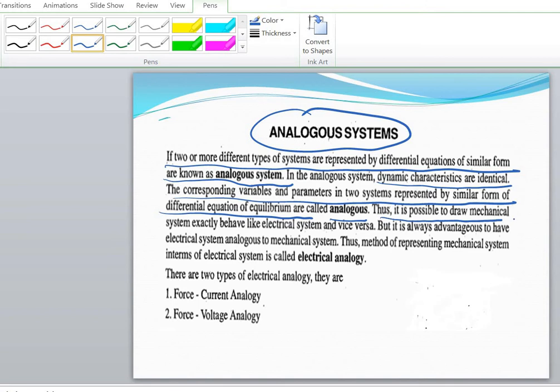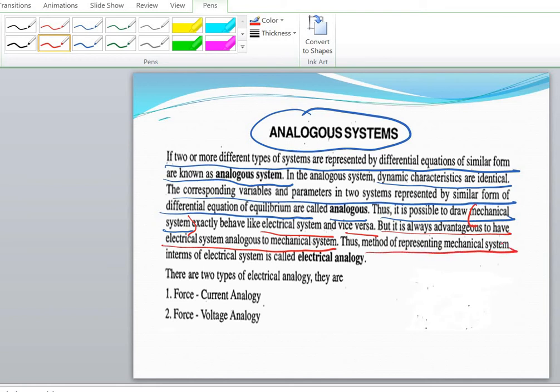Thus, it is possible to draw a mechanical system that behaves exactly like an electrical system and vice versa. But it is always advantageous to have an electrical system analogous to a mechanical system.